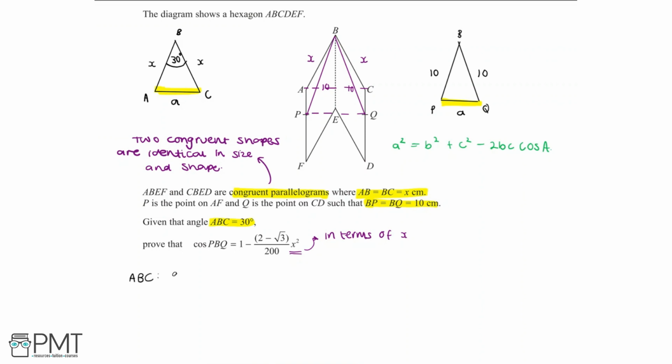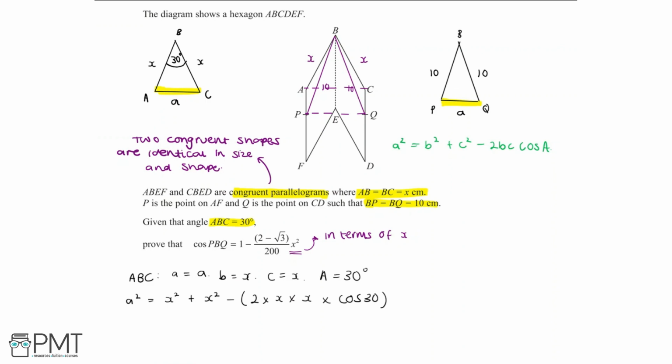We'll say that a is equal to the labelled a on our diagram. We can say that b equals x, c equals x, and then capital A is equal to 30 degrees. So now let's plug this in to cosine rule. a squared equals, well, b squared plus c squared is x squared plus x squared minus 2 times x times x times cos 30.